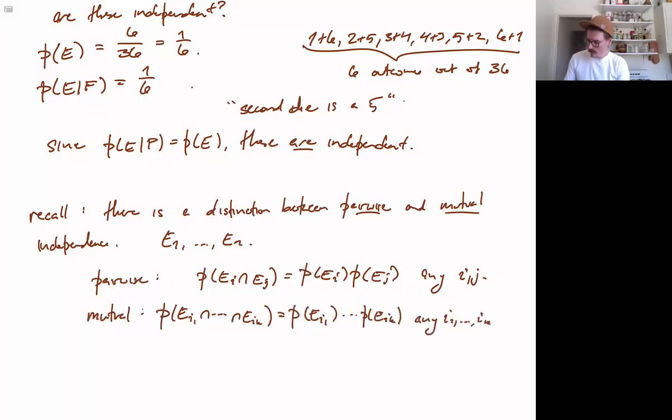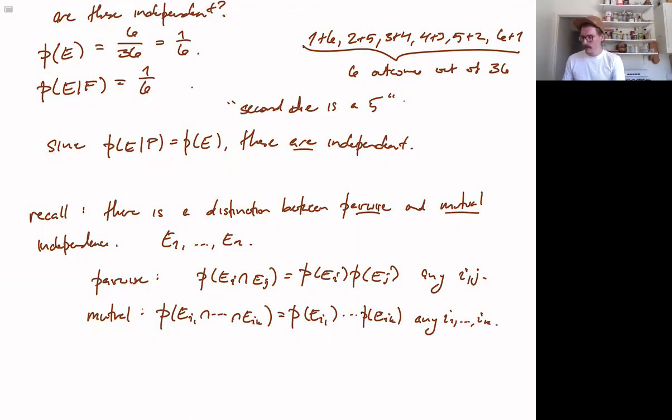So of course, mutual independence is stronger than pairwise independence because you're able to take an arbitrary intersection rather than just an intersection of two things.